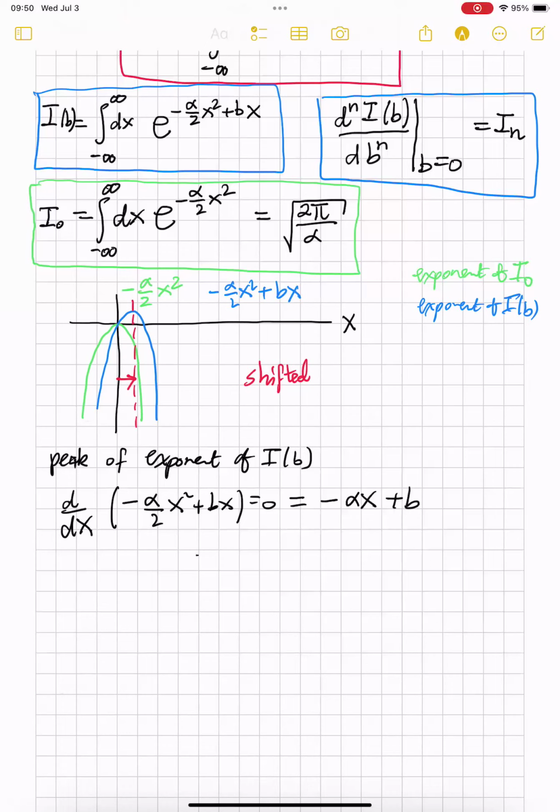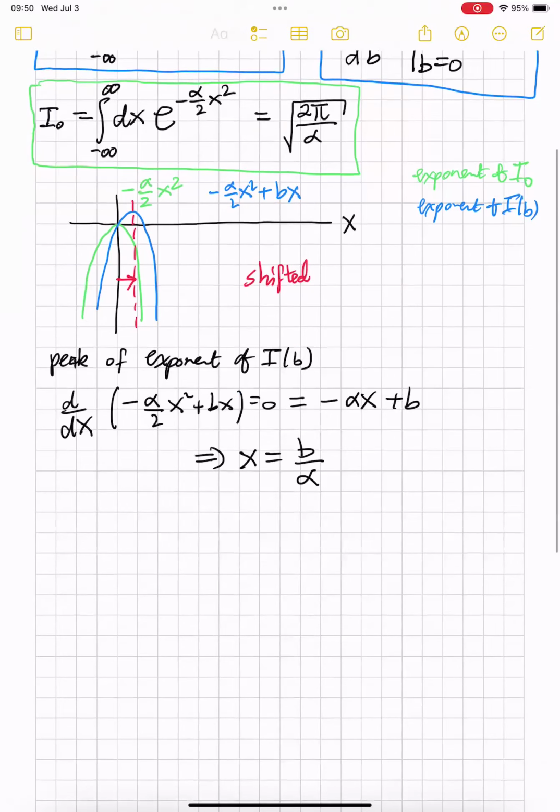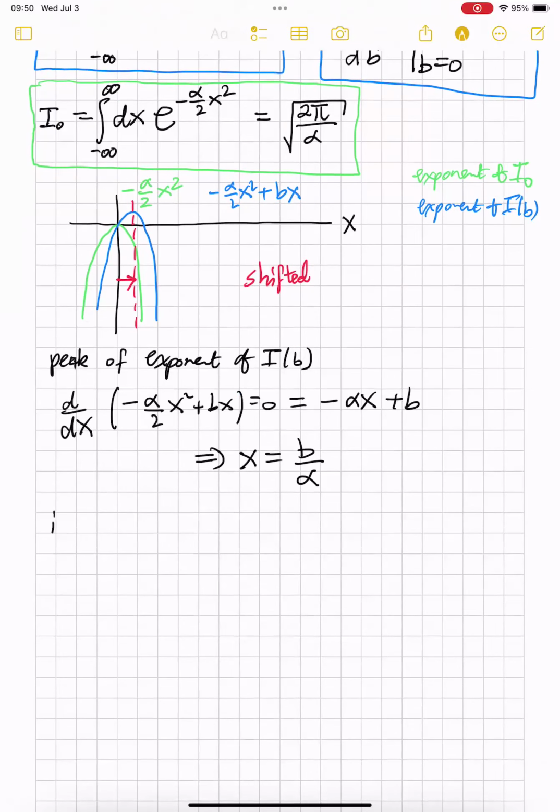So we learn this peaks when x is equal to b over alpha. So good. The first thing I can do is introduce a new variable. And this new variable x prime, x will be equal to x prime plus b over alpha.